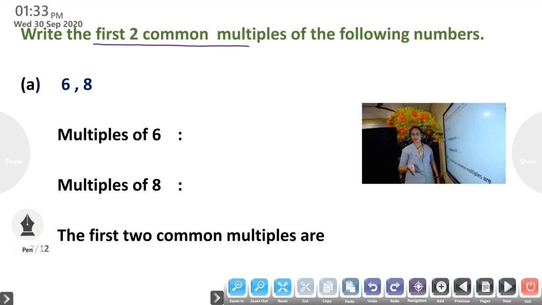Multiples of 6. You can write from the multiplication table.